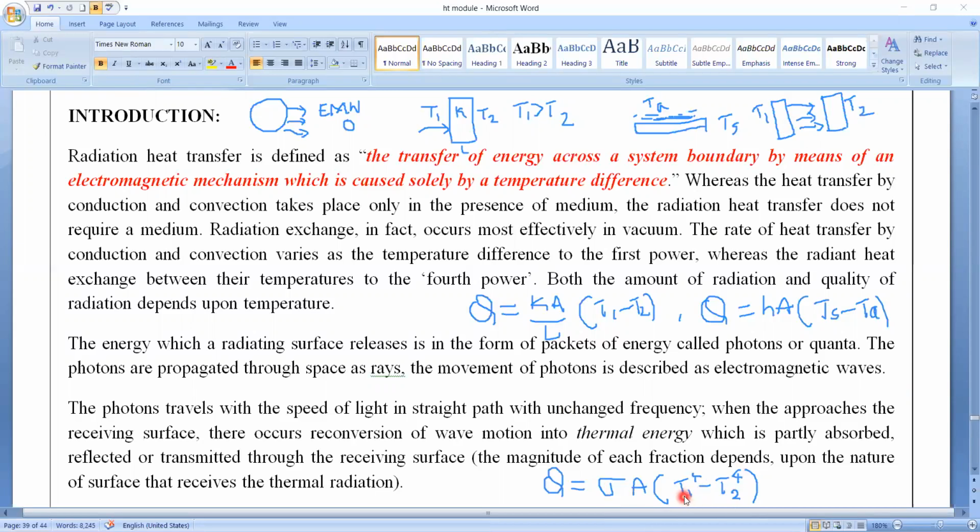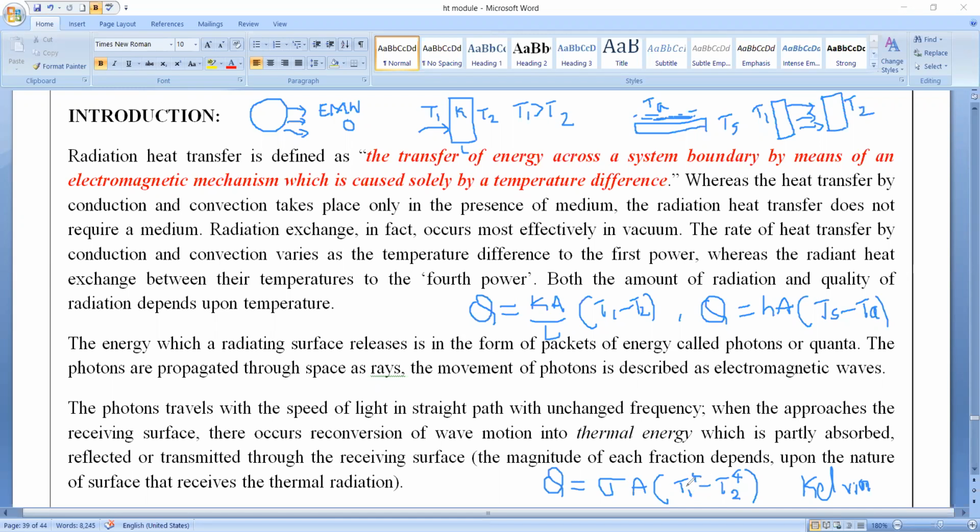Here, T1 and T2, the temperatures of the two bodies, must be taken in kelvins. Mandatorily we have to take the temperature in kelvins only. Sometimes in examples the temperature is given in degrees centigrade, so you are supposed to add 273 to convert it into kelvins.